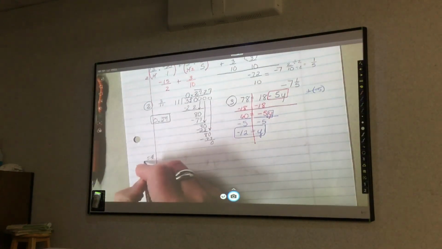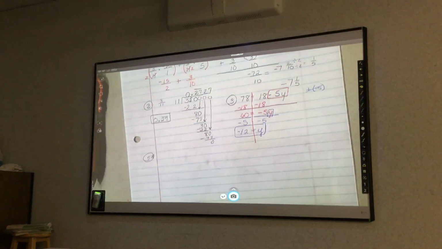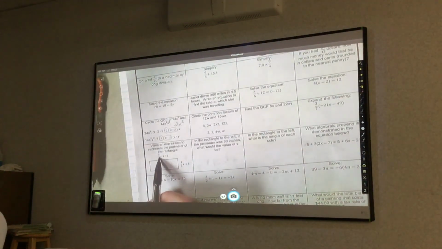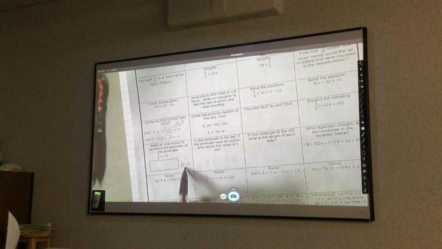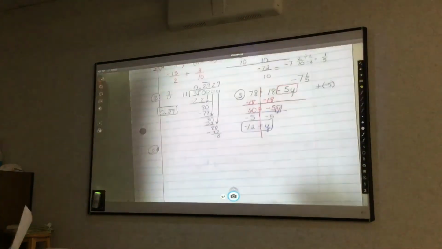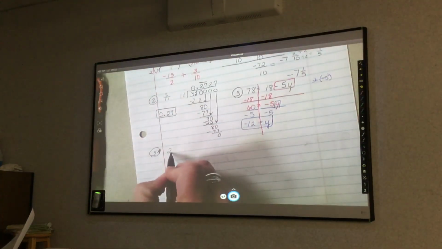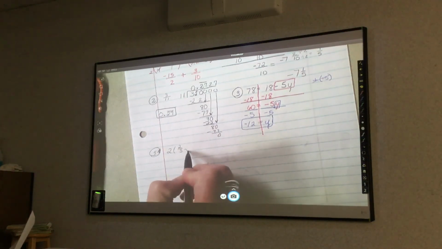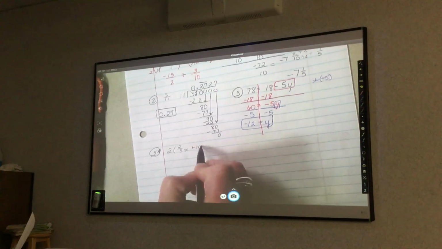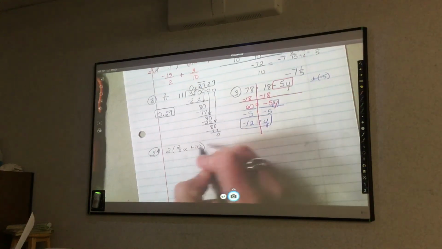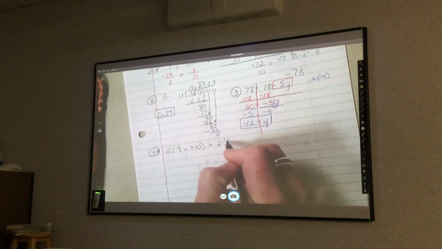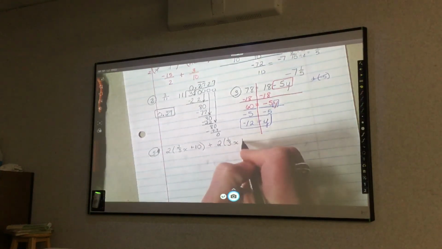Number 5 says write an expression to represent the perimeter of the rectangle. Here's our rectangle, and I need 2 of these sides and 2 of these sides. So I'm going to write it like 2 times the quantity 2/3 x plus 10, that's the 2 sides, plus 2 of the other sides, which are 1/3 x plus 5.